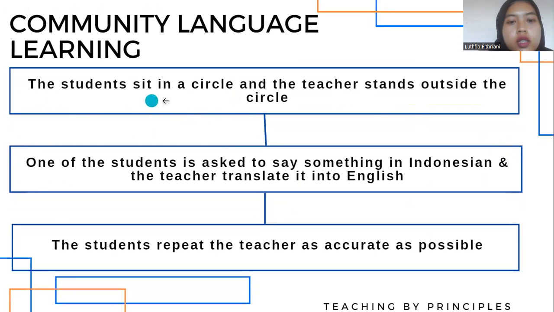First, the students sit in a circle and the teacher stands outside the circle. And then one of the students is asked to say something in Indonesian and the teacher translates it into English. Then the students repeat after the teacher as accurately as possible.